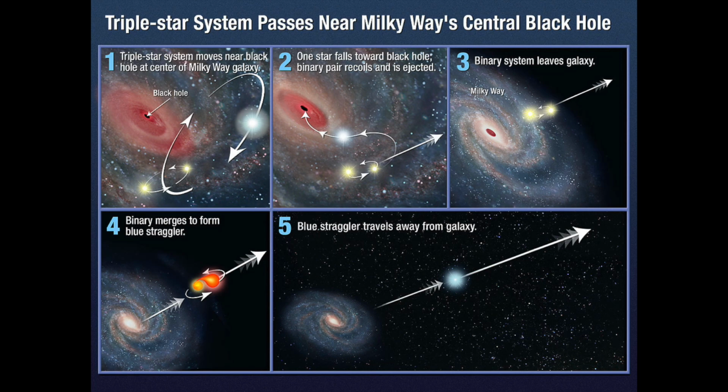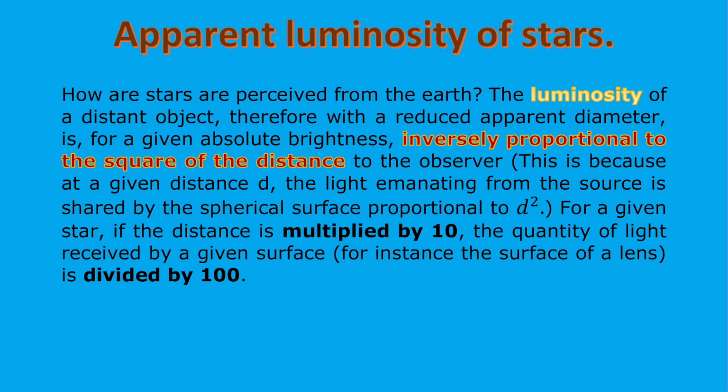Before going any further, I would like to give an elementary reminder of how the stars are perceived from the Earth. First of all, the luminosity of a distant object, therefore with a reduced apparent diameter, is, for a given absolute brightness, inversely proportional to the square of the distance to the observer.